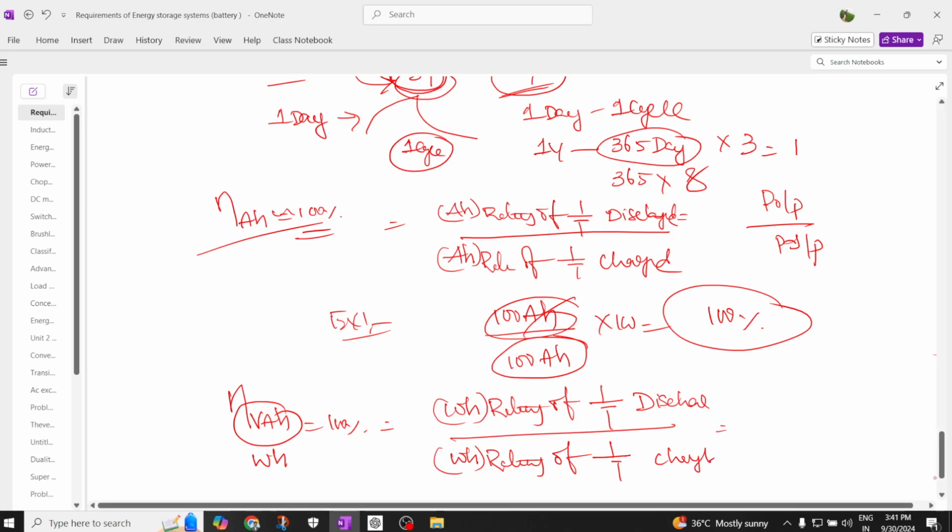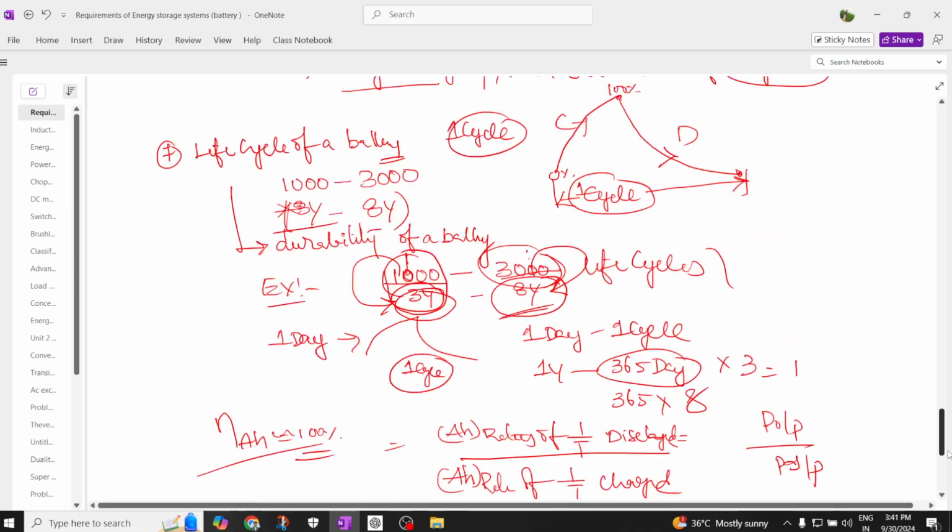The watt hour rating I am going to take as 100 watt hour divided by 100 watt hour, into 100. So this is expressed in percentage, and this is called the watt hour efficiency of a battery. This is all about the efficiency of a battery.